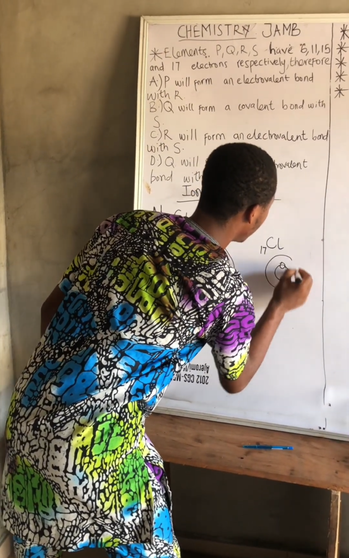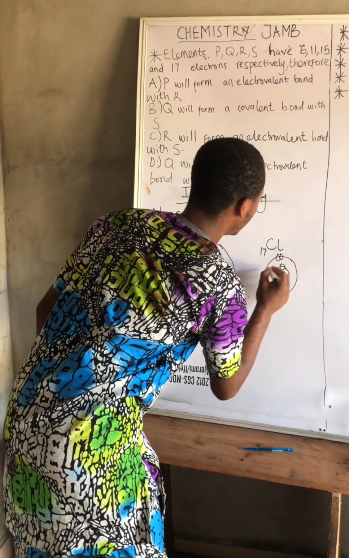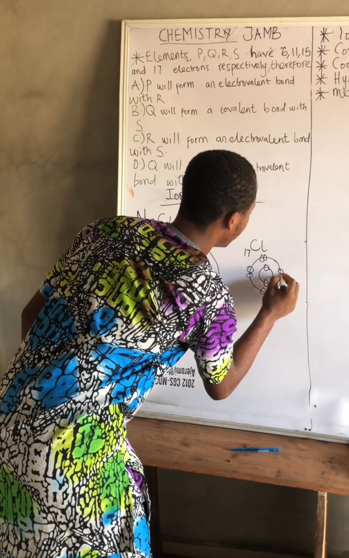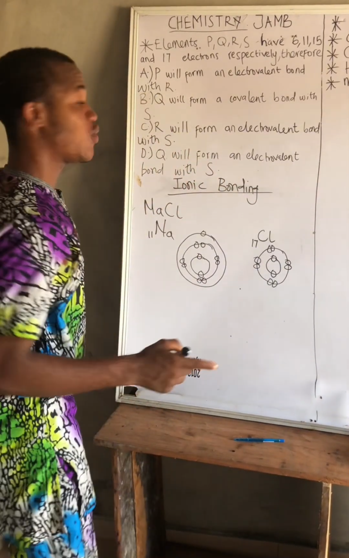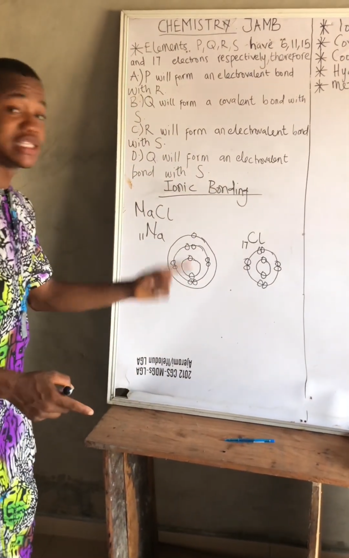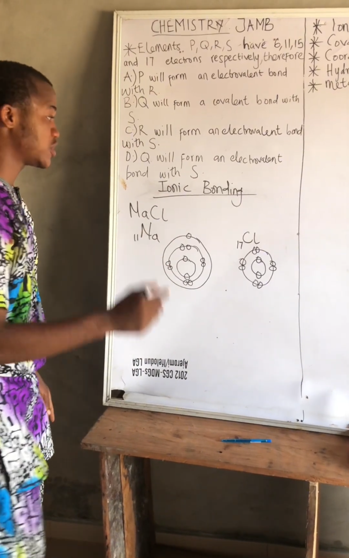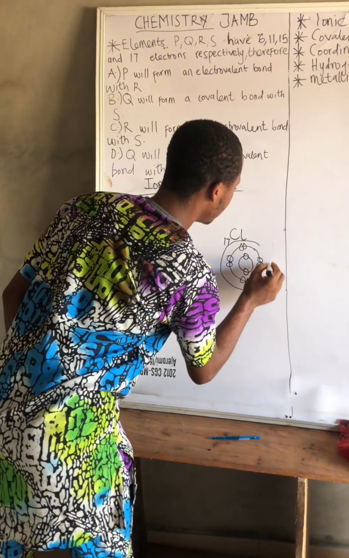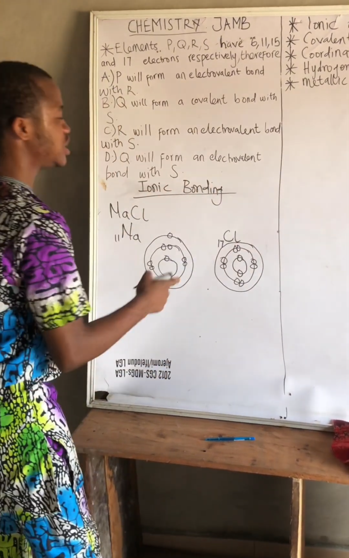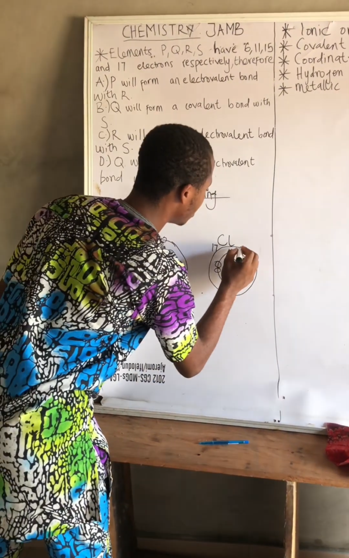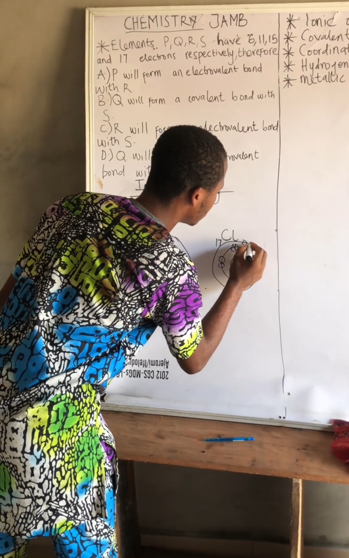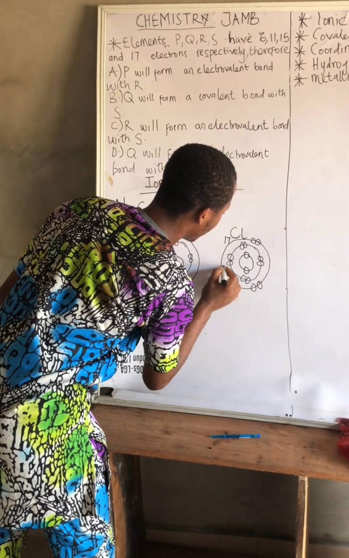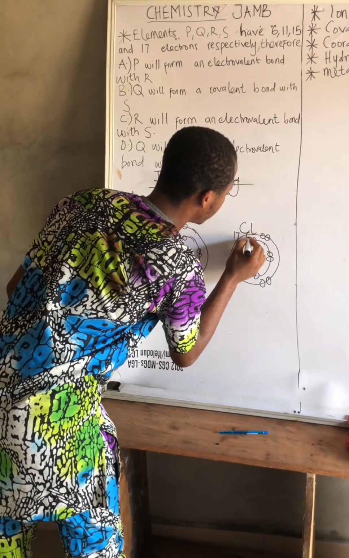The second shell has 8. Don't worry, I'll explain why the second shell has 8 electrons in my subsequent videos. This is already making 10, so the next shell will have 7 electrons.